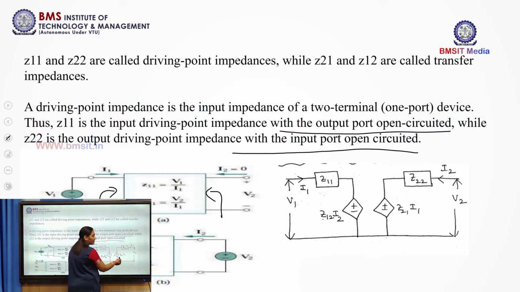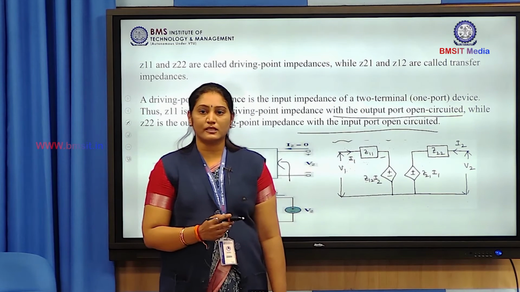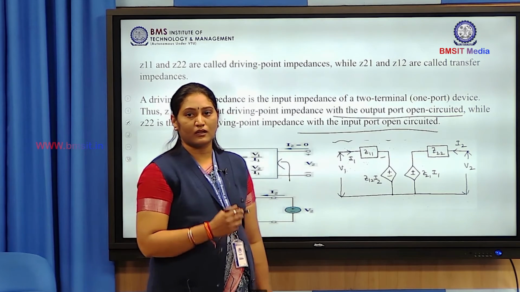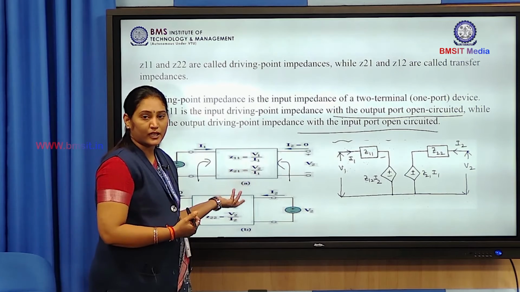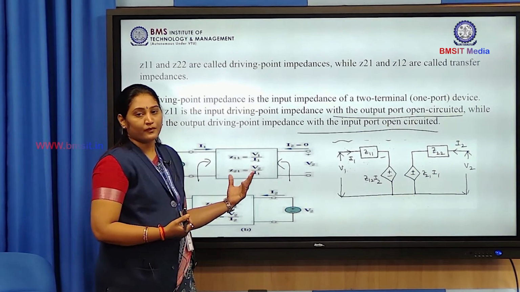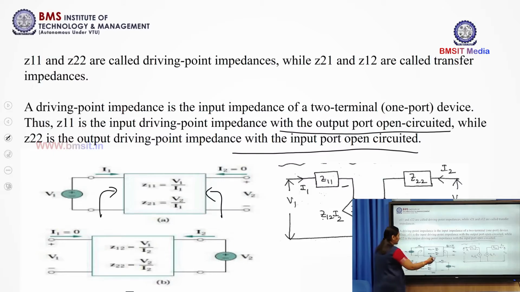Similarly, Z21 also depends on the current at the first port, that is I1. Because of these two dependent sources, Z12 and Z21 are the transfer impedances that we cannot see from the ports. So this is the equivalent circuit of the Z parameters.